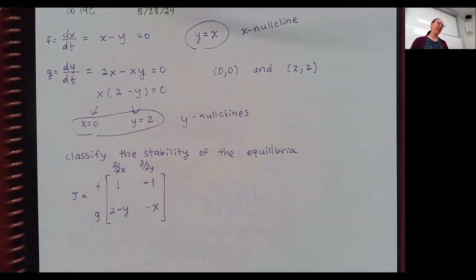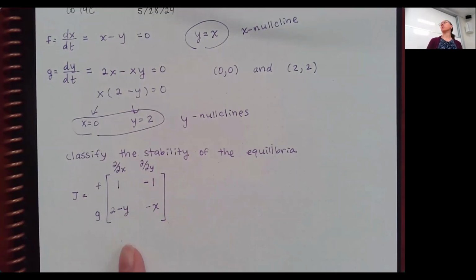So when I go to analyze stability, this matrix is going to be a little bit different at each equilibrium. When you have a linear system, the entries in this matrix will all be numbers, because all of my partial derivatives will just be numbers if it's linear. But for a nonlinear system, what this matrix looks like is going to depend on which equilibrium I'm at.